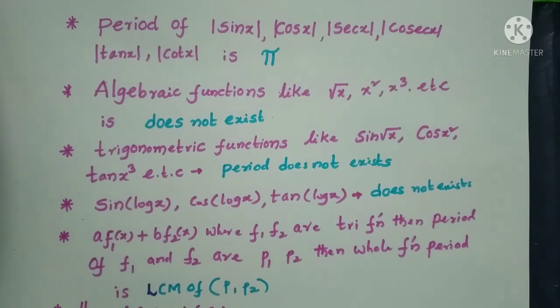It is pi by 2 only. Very important: the period of mod sin x plus mod cos x is pi by 2, not pi.